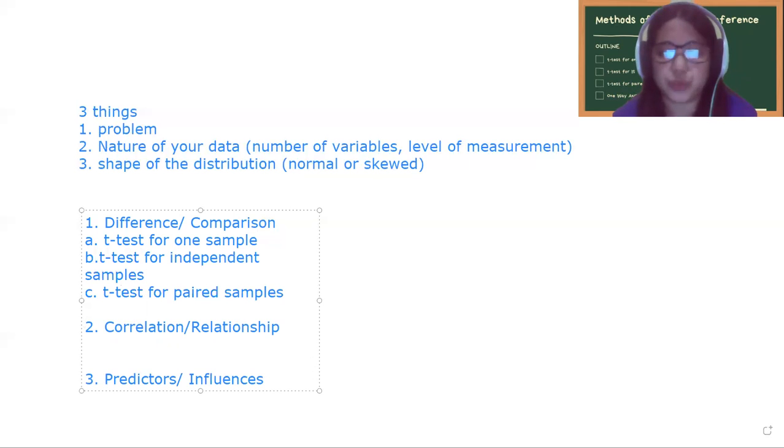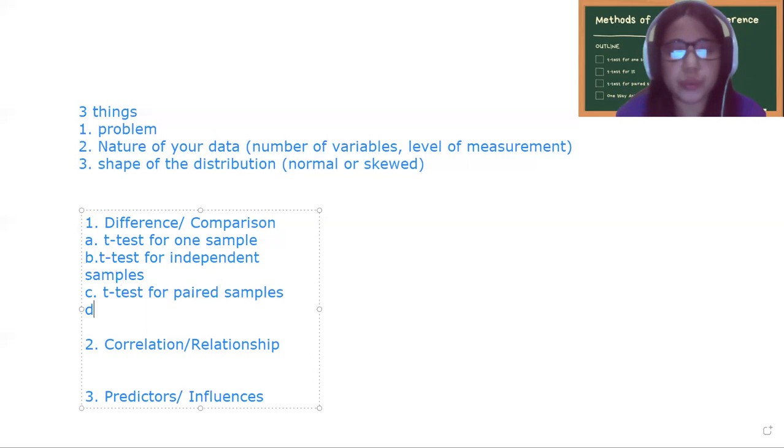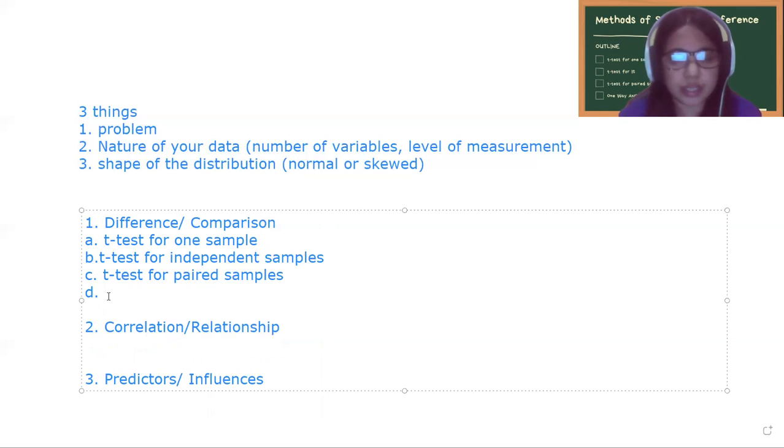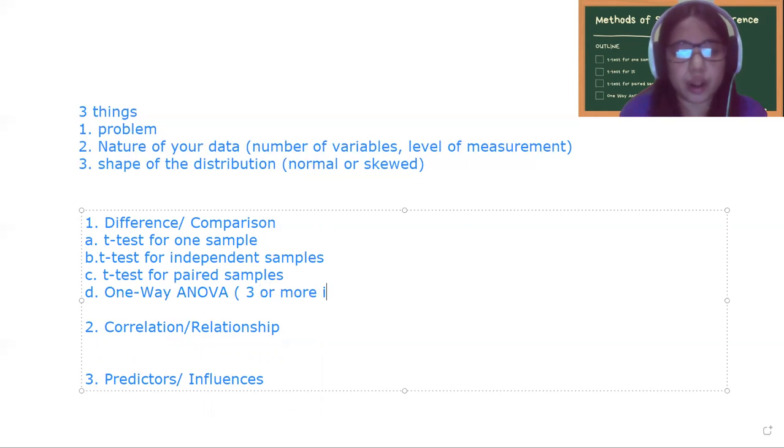We call it the t-test for paired samples. Or if you will compare variables that involve more than two, that is three or more, we can also use one-way ANOVA. This is for comparison of three or more independent samples.